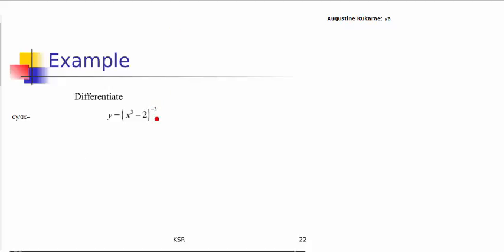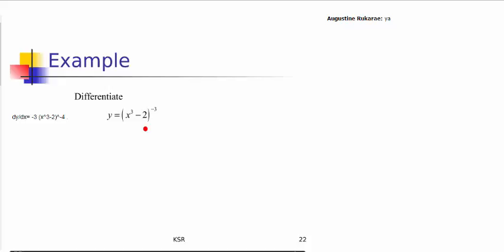We multiply the power in front, which is negative 3, and as the rule says, we're going to leave the inside function as it is. So x cubed minus 2, that's my inside function, but my power will change here, which will be negative 3 minus 1, which is negative 4.